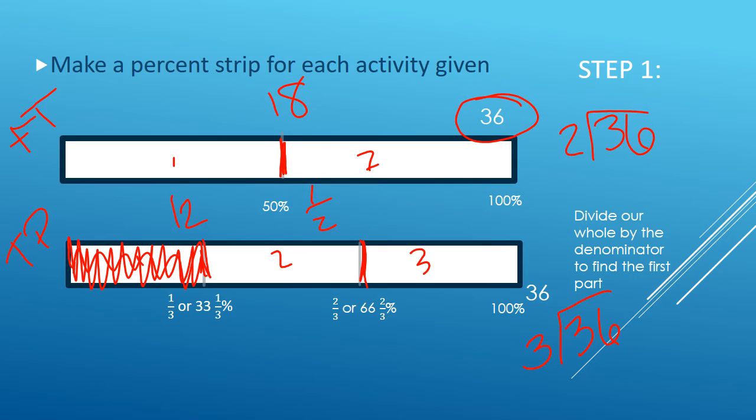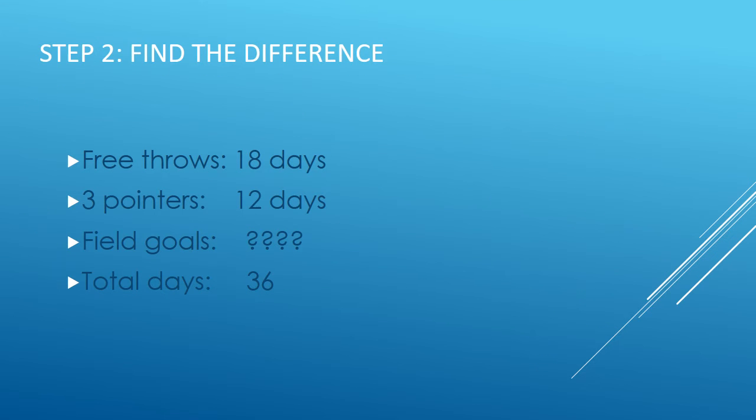Okay, so let's go to the next slide, find the difference. Now that I found my free throws and my three-pointers, when I add all these numbers up, it should equal 36. So all I'm missing are my field goals. So what I'm going to do is add up 18 plus 12. Okay, so 8 plus 2 is 10.